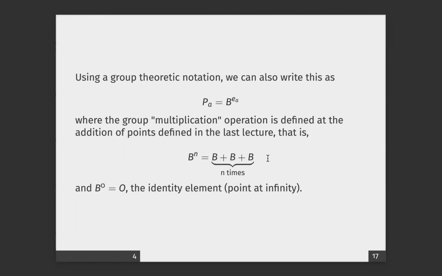That's why we can also write the public key as B raised to the E_A, where the group multiplication operation is defined as the addition of points. So B to the n is actually equal to B plus B plus B, n times. And B to the 0 is the identity element, the point at infinity.